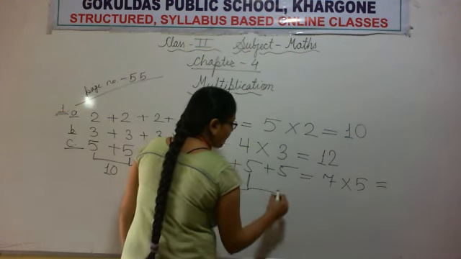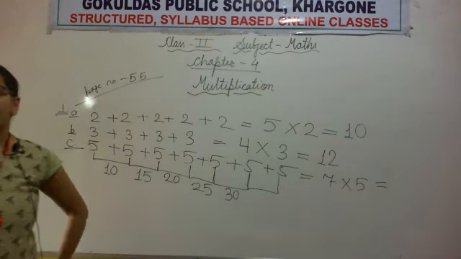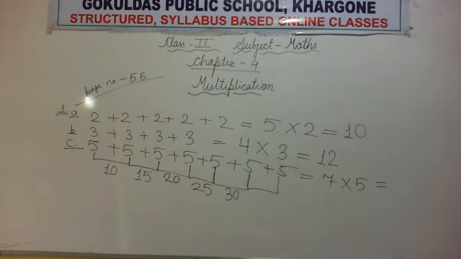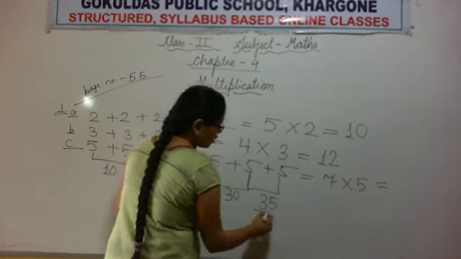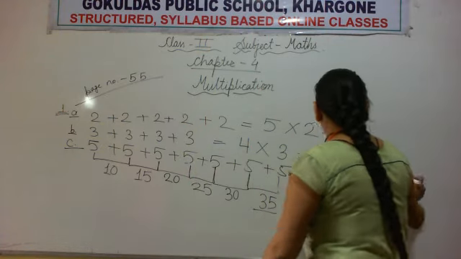Now 30 plus 5, add 5 to 30, 30 plus 5 is very good, 35. So this is our answer.